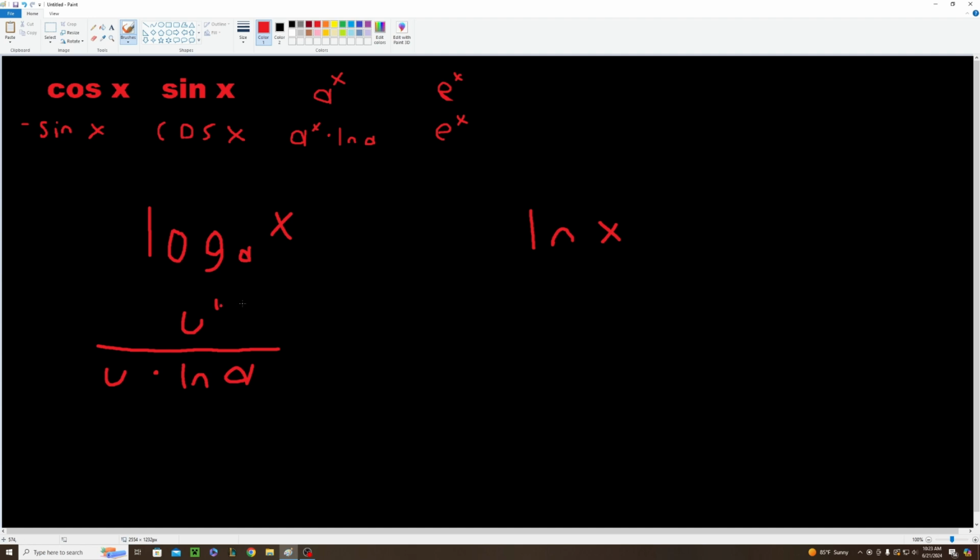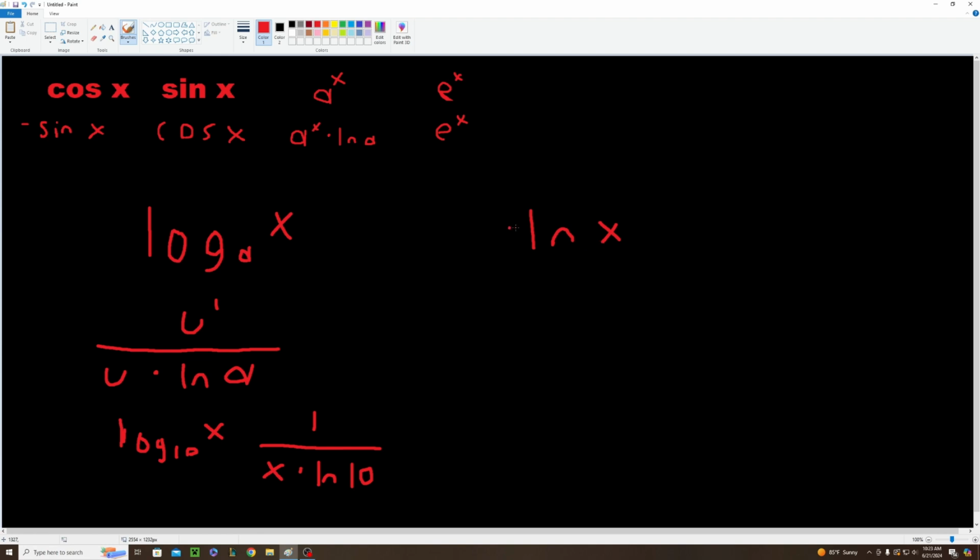This looks kind of complicated, but let's say we have log base 10 of x, and the derivative of x is just 1, so it'll be 1 over u, which is just x, times the natural log of 10, and it's just like that.